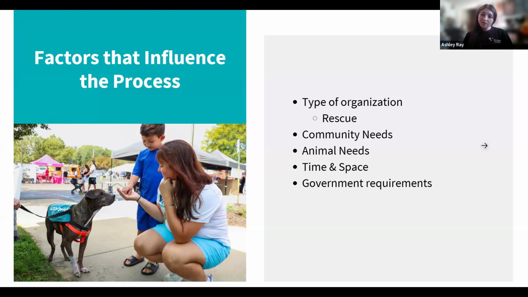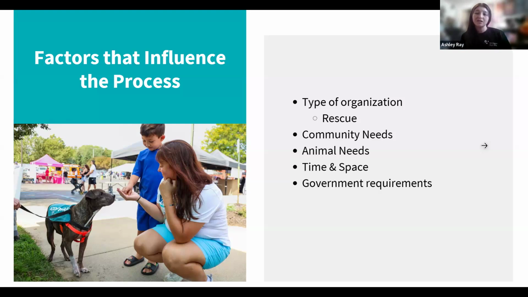Michigan Humane partners with rescues a lot too, so you might hear that throughout your time at the shelter, that we might send animals to rescue. And I think we're going to talk about that a little bit later too, of what that looks like. But they could be different just depending on their overall size, shape, and expectations of their animals.